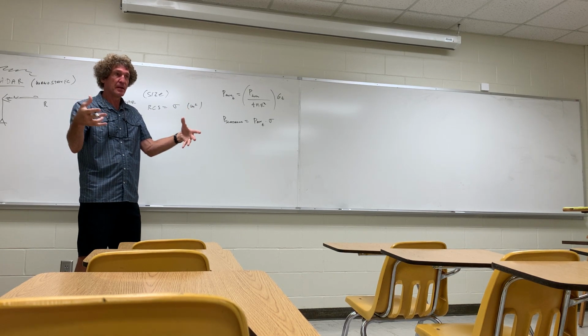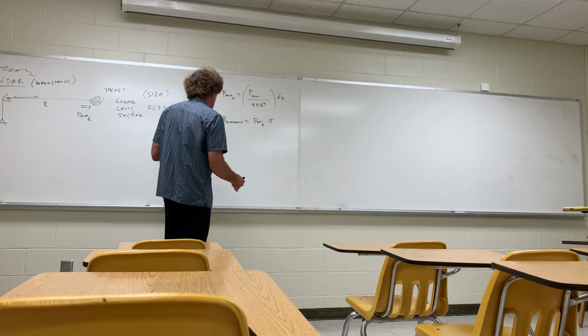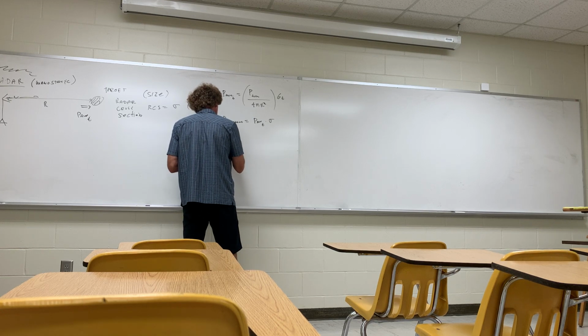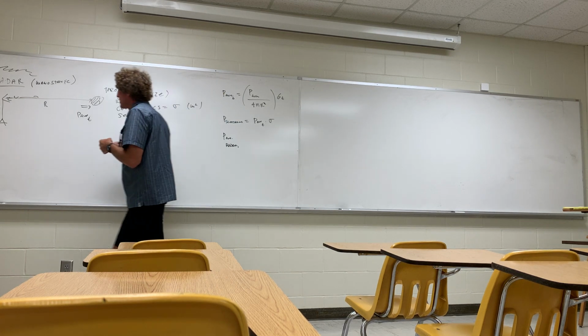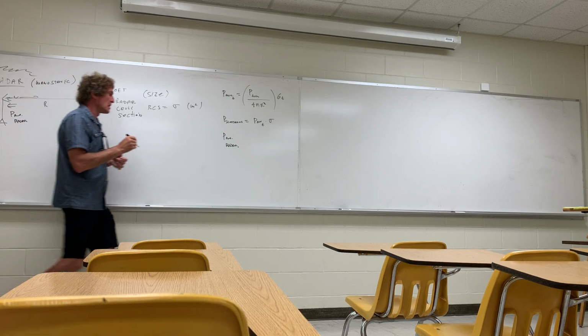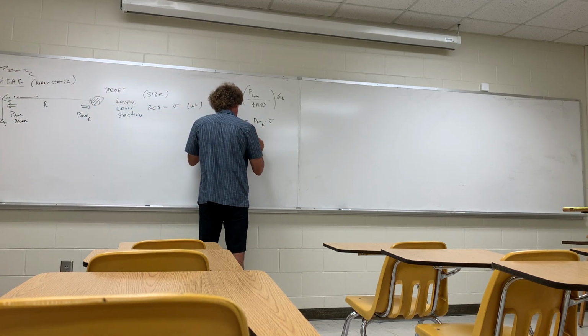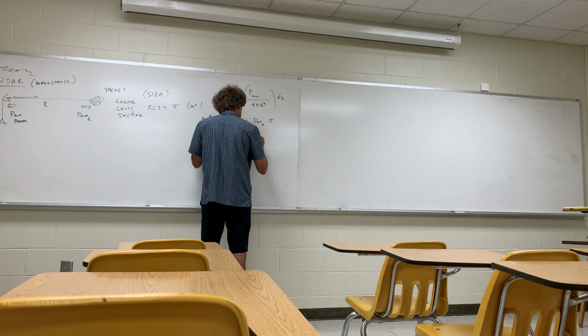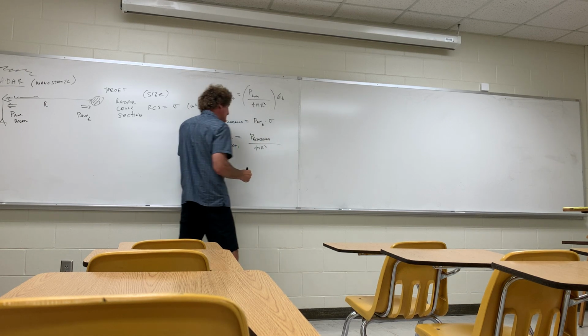Follow me on this? So finally, the amount of power density, or P average, that's back at the radar, the actual P average that would be at the radar, is going to be the scattered power divided by 4 pi r squared.